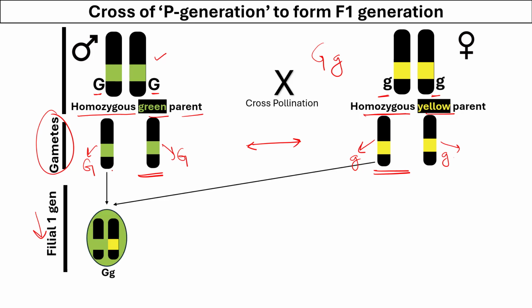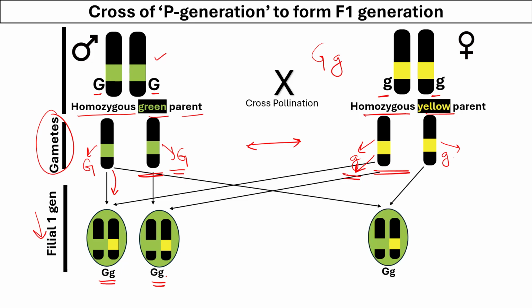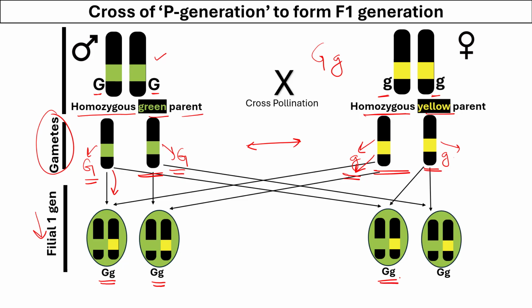So either this gamete of the father fuses with this gamete of the mother and you get this combination, or this gamete of the father fuses with this gamete of the mother and you get this combination, and so on for the other two.